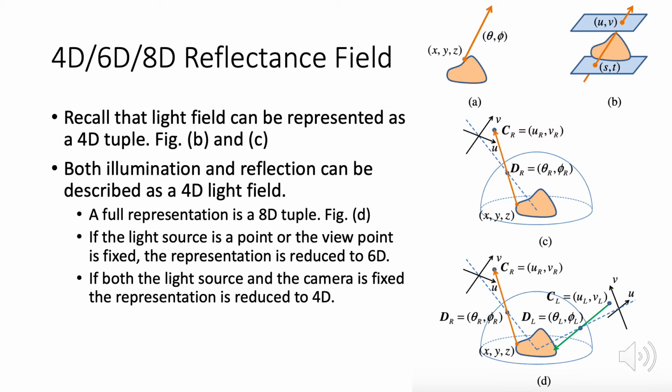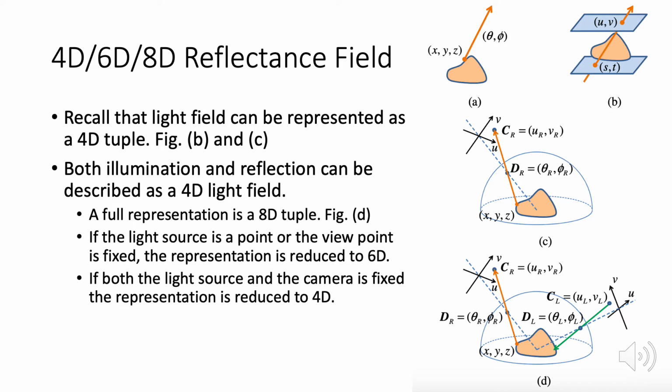Now I invite you to figure B, where you will see how two planes can represent every single light, except those parallel with these planes. But here, we also want to represent every single incident light ray to the scene in addition, so we introduce another 4D tuple. In total, a full representation of the reflectance field should be 8D tuples.